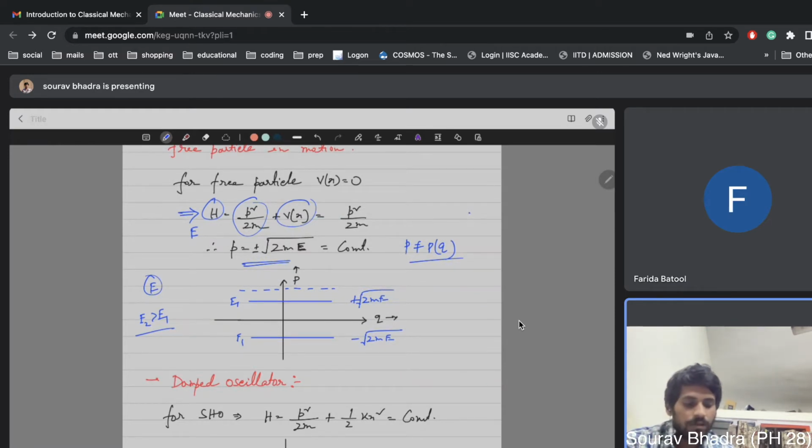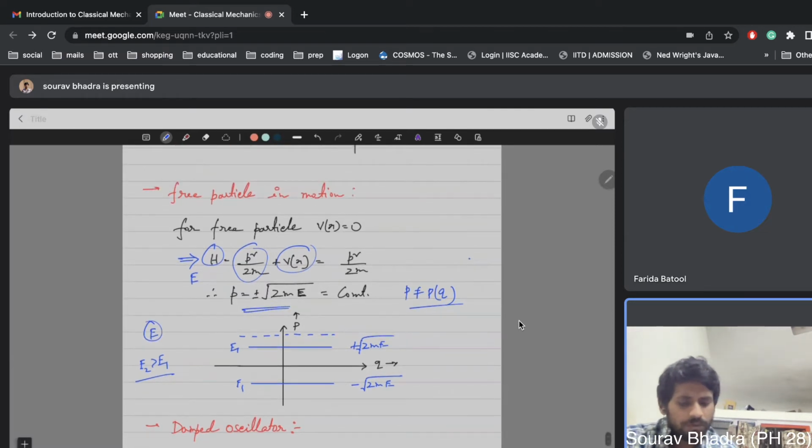Now you can think of where that minus root 2mE is coming from. Suppose your particle is bounded by some wall. At first it is going in this direction, and after the purely elastic collision its direction is reversed.